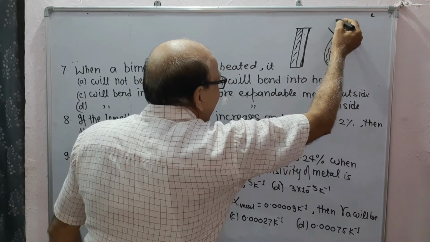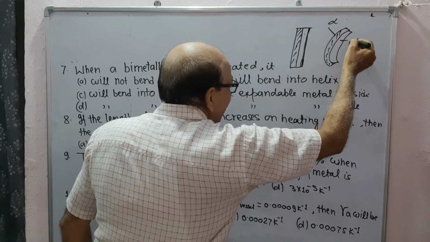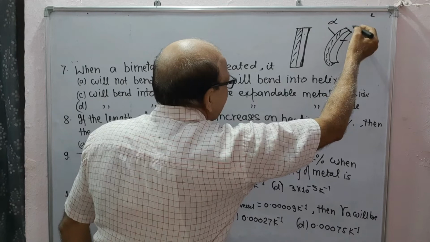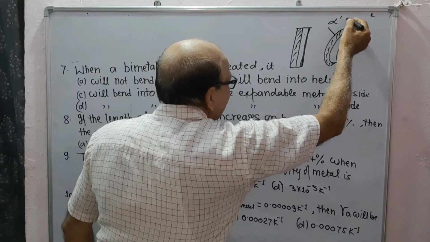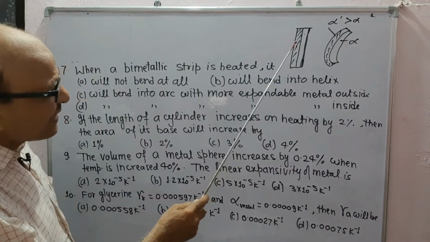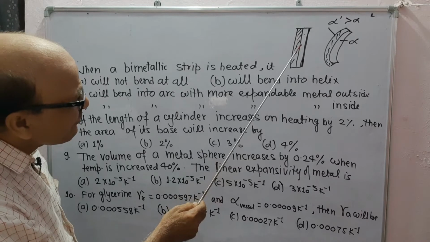The strip with larger alpha is on the outer surface, alpha dash. This is a bimetallic strip made with two different metals.